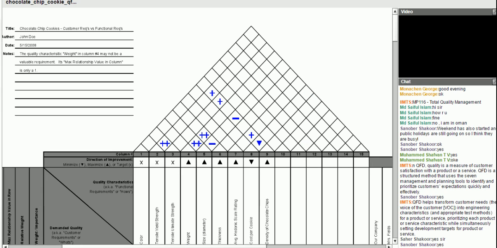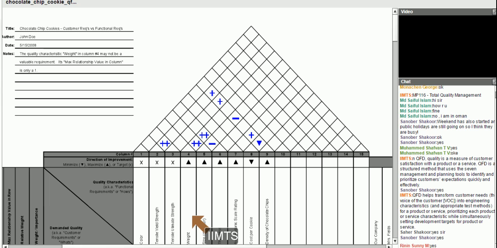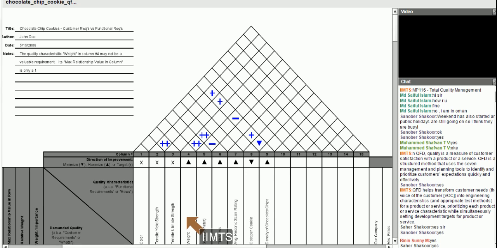Please reply in the chat box. Hello. Can all of you hear me? Okay. Lenin says yes. What about others? Seher says yes. Akshata, what about you? Mohammed Shafwan, Saiful, Sunil, Sanoba, Vasia.